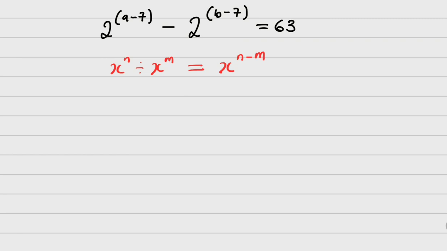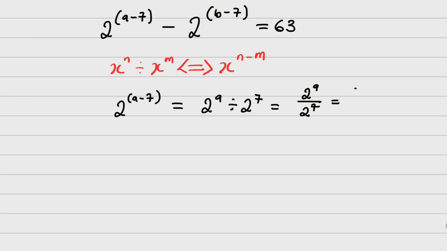Now, since we know this could be vice versa, hence, I can now come down to say that 2 raised to power a minus 7 is actually the same thing as saying 2 raised to power a divided by 2 raised to power 7, which is 2 raised to power a over 128. Now, I'll do the same thing to the other side.